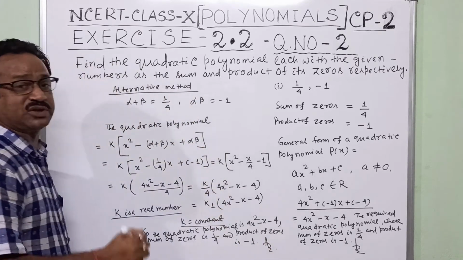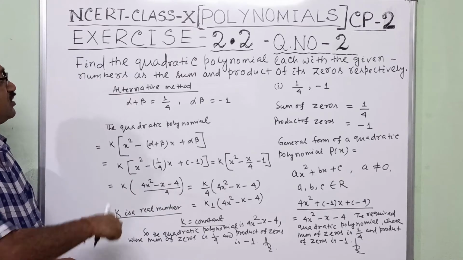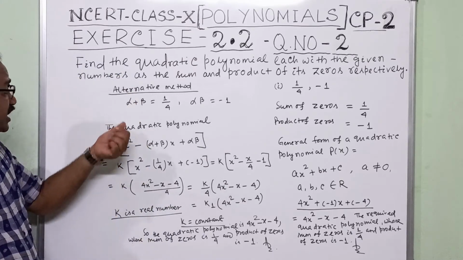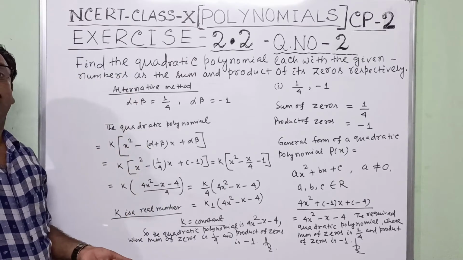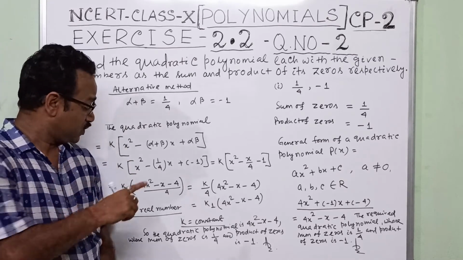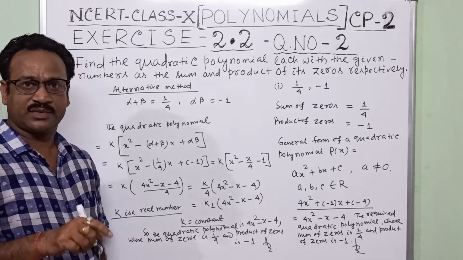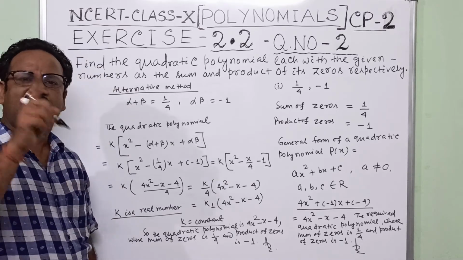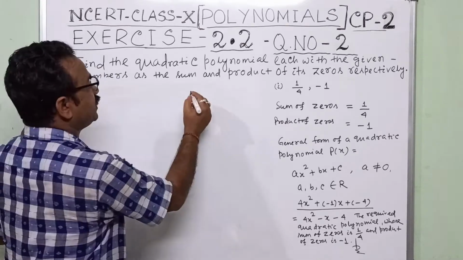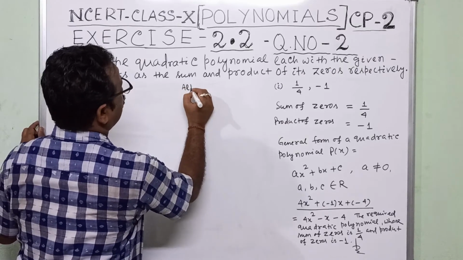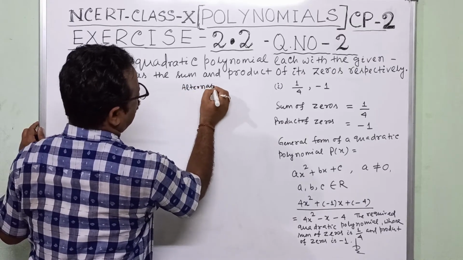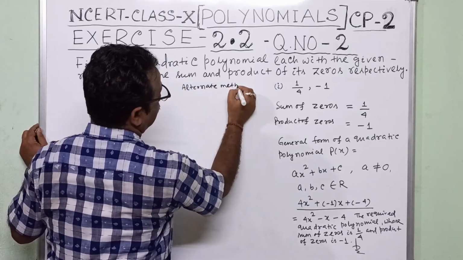This is the alternative method. Note it down. This alternative method I have done by using the formula. So now we can also do it in another way. So let's try the third method. Now another alternate method.